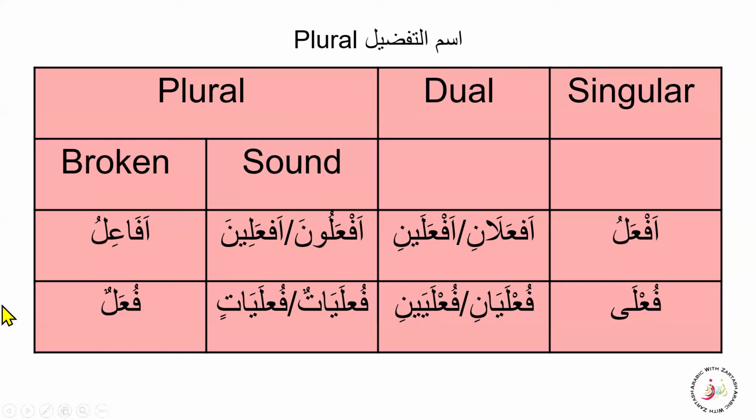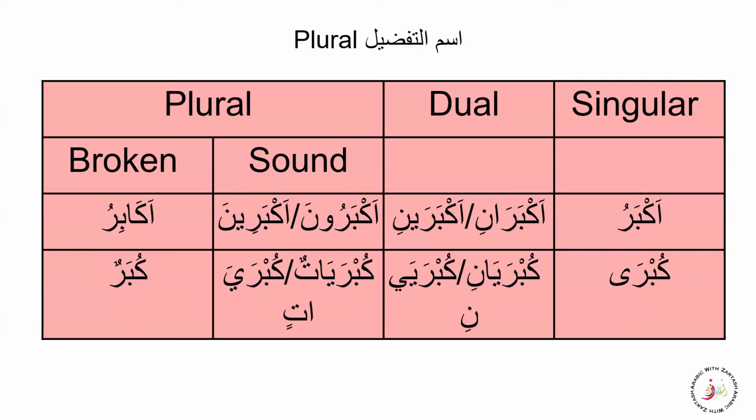We can see here they are fully flexible: Folayatun, Folayatin. Here you can see it is taking the dhamma and the tanween. Broken are afailu and its broken pattern is fu'alun. You can see again it is fully flexible. This is partly flexible and this is fully flexible.